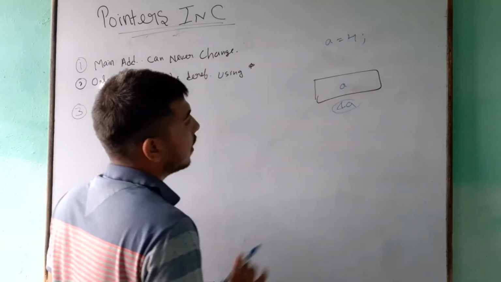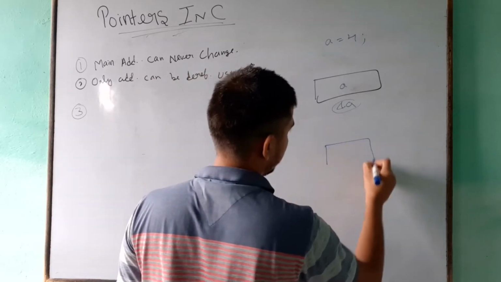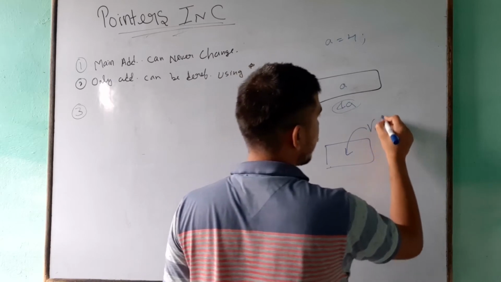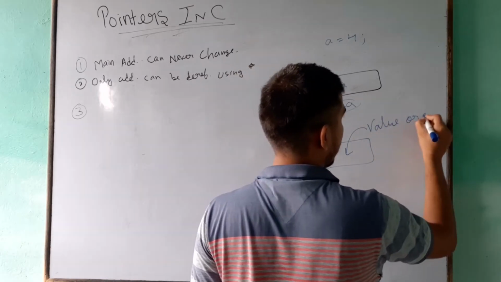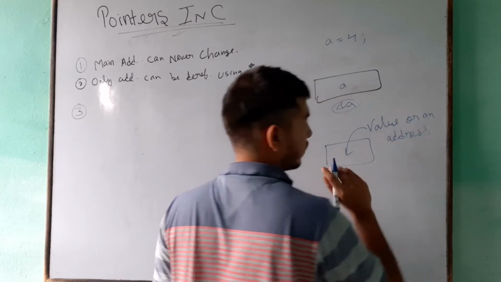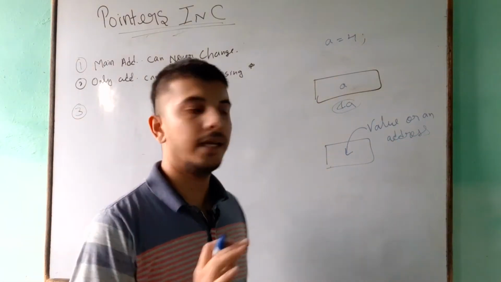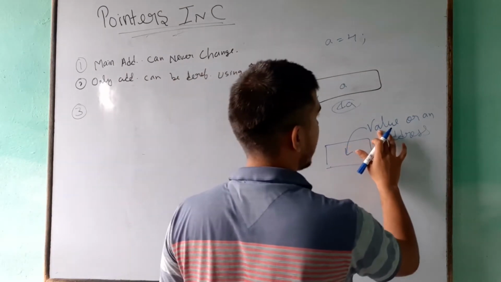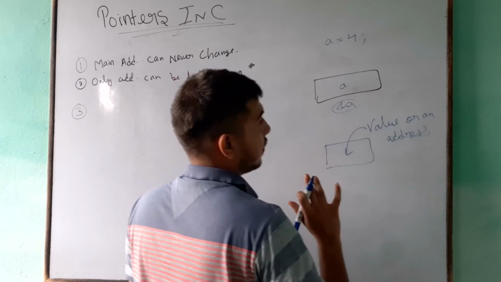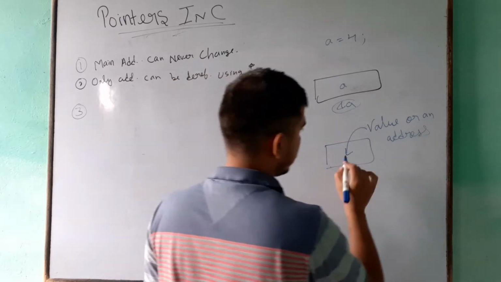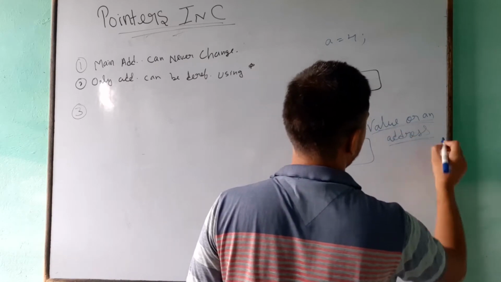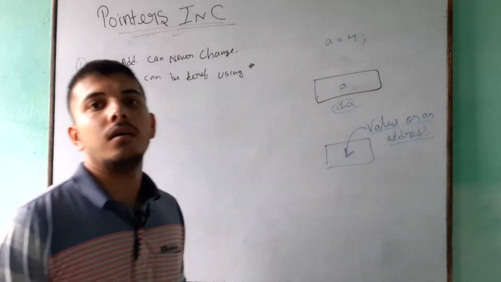Now remember that in a memory location, here it can hold either a value or an address. Always remember that, because this is going to be used in all pointers.